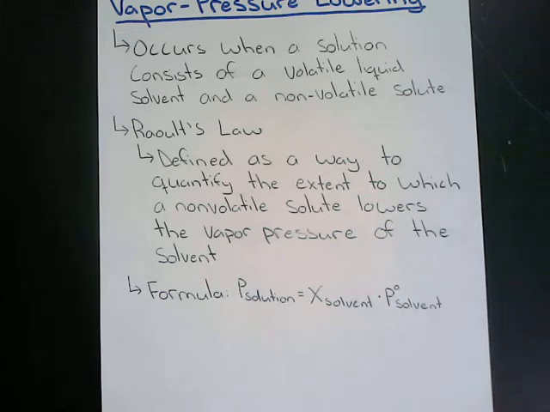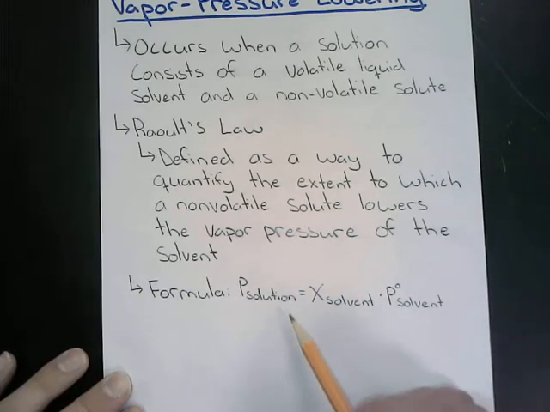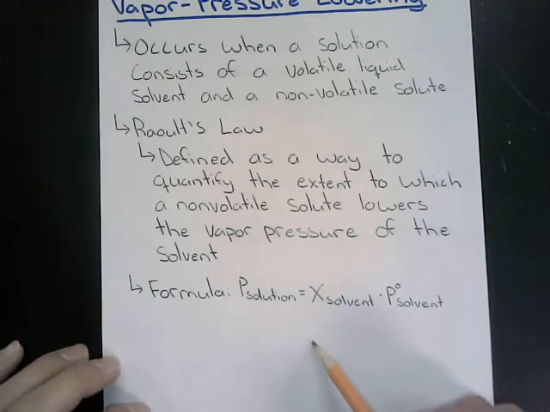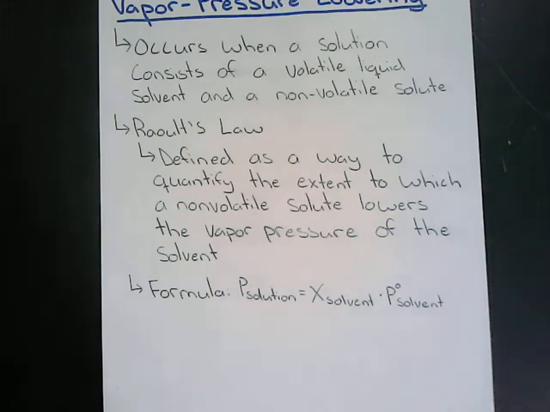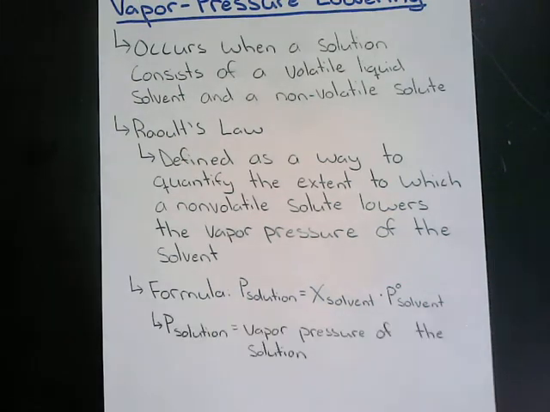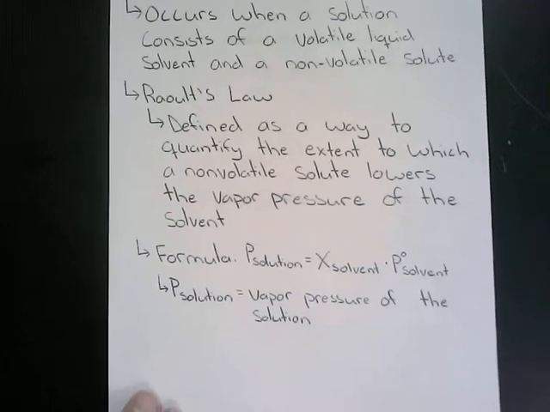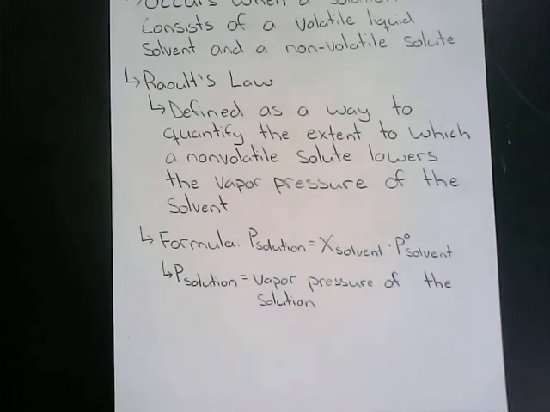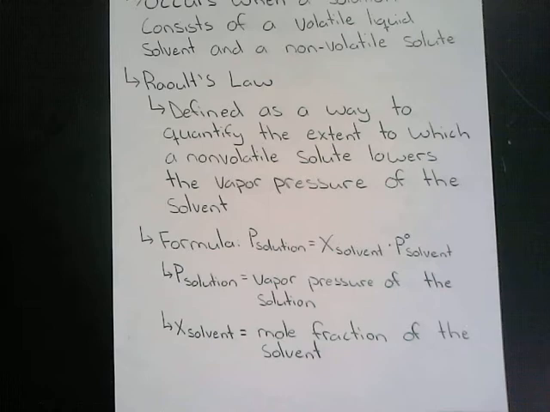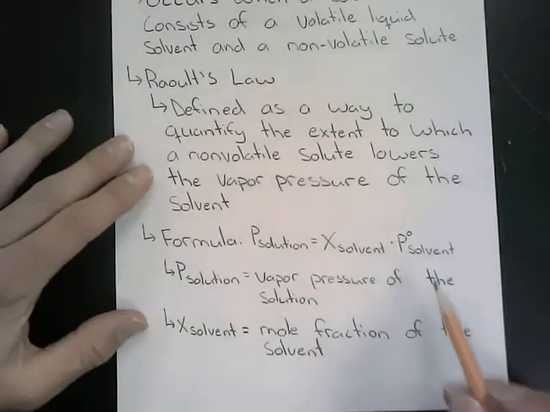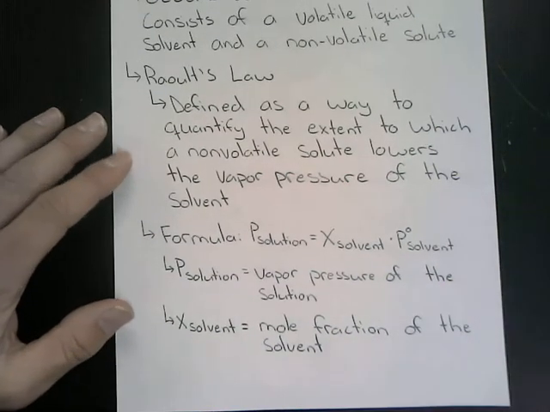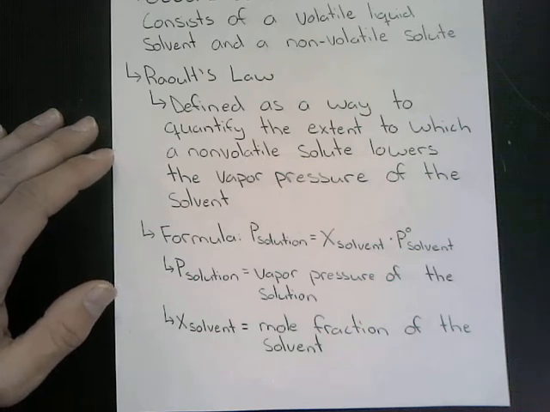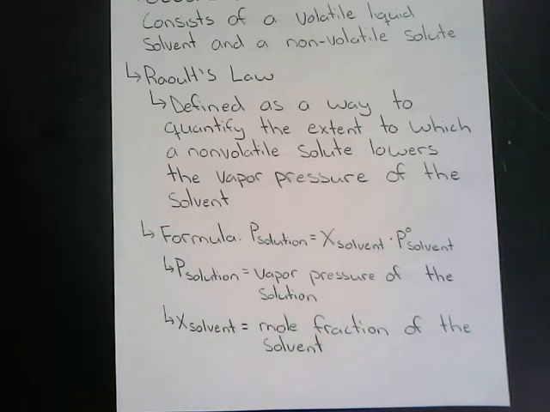So again, just to go over these terms in this formula, the P of the solution is the vapor pressure of the solution. The X of the solvent is the mole fraction of the solvent. And the pressure of the solvent is the original vapor pressure of that particular solvent, or we sometimes call that the vapor pressure of the pure solvent.